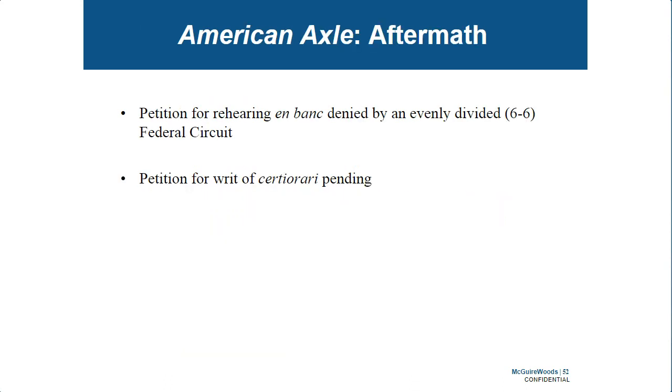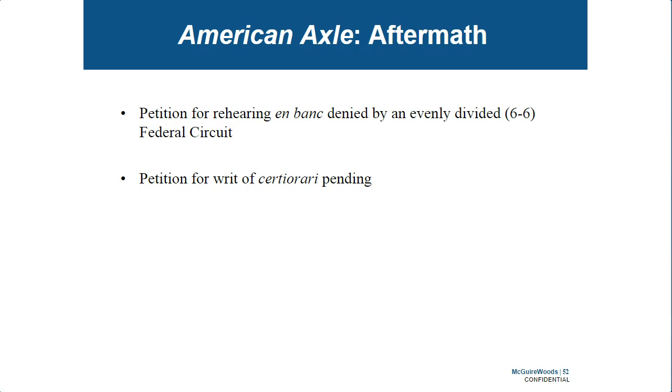And this is the aftermath of American Axle. There was a petition for rehearing en banc that was denied by the Federal Circuit, evenly divided 6-6. And American Axle has filed a petition for cert before the Supreme Court. And many, many entities, interested parties have filed amicus briefs supporting or against the cert petition.